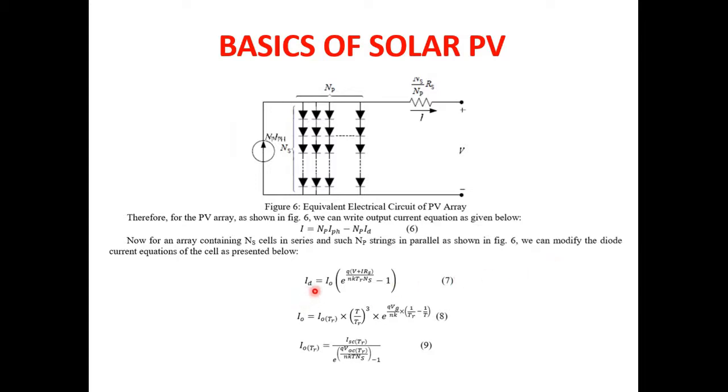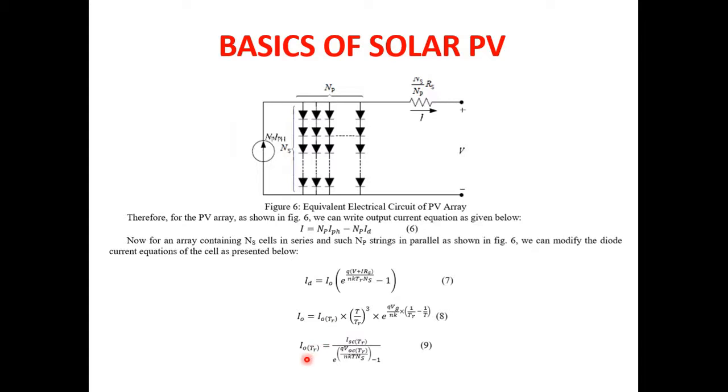So ID is given by I0 e raised to q (V plus I Rs) divided by N K T_r NS, minus 1, where NS is the number of series cells. Now I0 is equal to I0 TR multiplied by (T by TR) raised to 3 into e raised to q VG by NK into (1 by TR minus 1 by T).